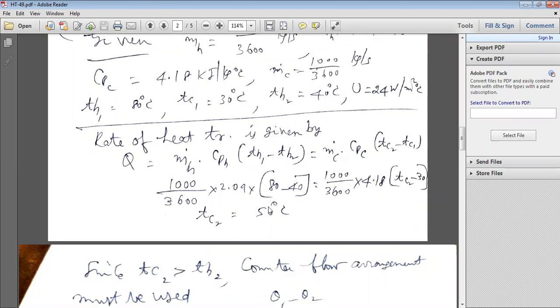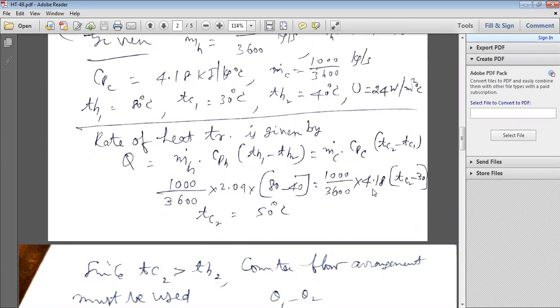So here, if you calculate this: m dot h 1000 by 3600, CPH 2.09, into (TH1 80 minus TH2 40), that is equal to m dot C 1000 by 3600 into CPC 4.18, into (TC2 minus 30). This is kilojoules, this is also kilojoules, no problem. Left hand side and right hand side are both in kilojoules, so directly you can use.